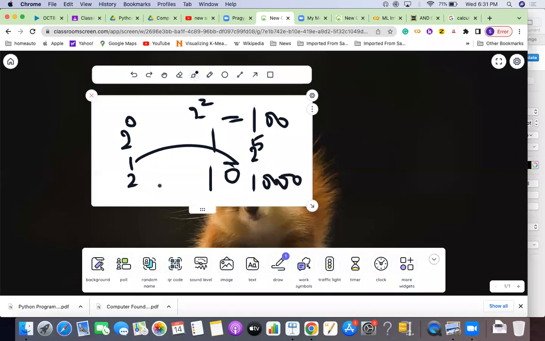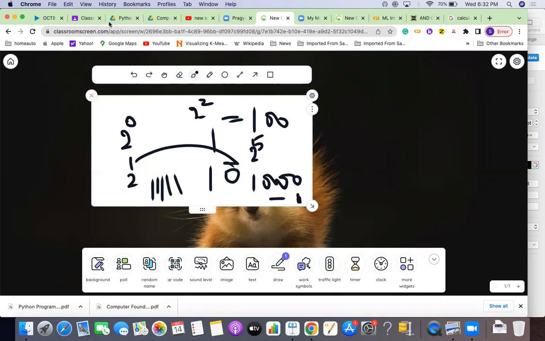Now what we are looking for is 5 ones. So this minus 1 is 5 ones, correct? Yes or no? Yes, sir. So 32 minus 1 is 31.